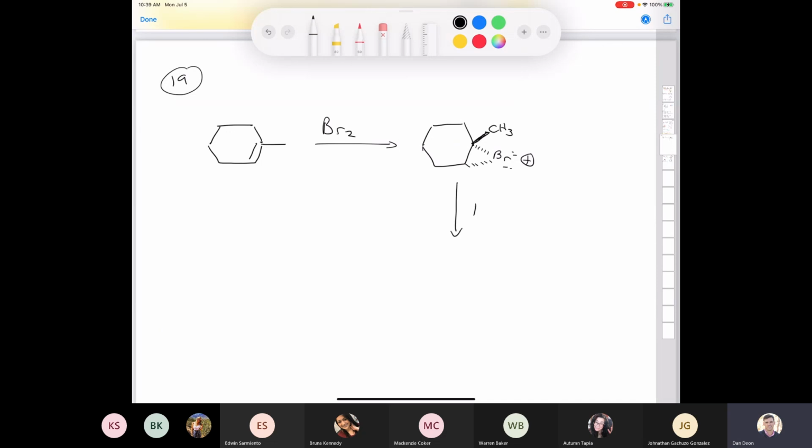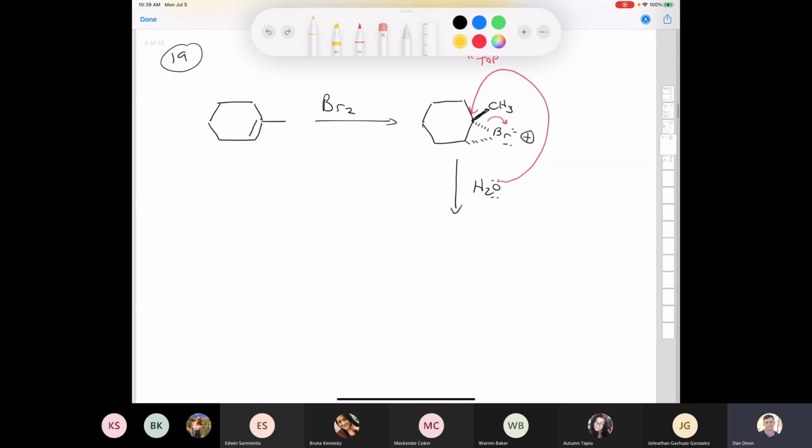Well, when the water comes in and does the nucleophilic attack, remember we went over this, that the water is going to attack from the opposite face of the bromonium ion. So it's attacking from the top face here, right? And we're going to break that bond here, right? Because this carbon is the one that's the most comfortable with the partial positive charge that passes through it as that ring breaks and the nucleophile attacks.